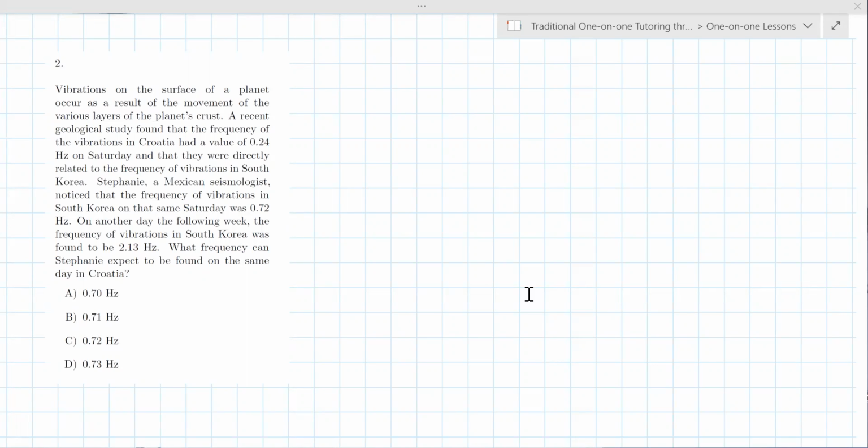Okay, how are you doing on this one? I'm a little confused. Okay. Yeah, so I was trying to make it so that if you knew, because there's only one word in here that actually tells you right here. See how they're directly related, direct variation.